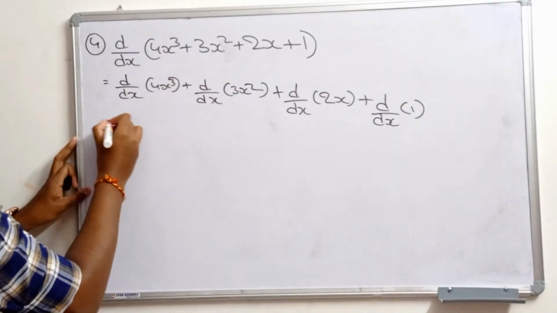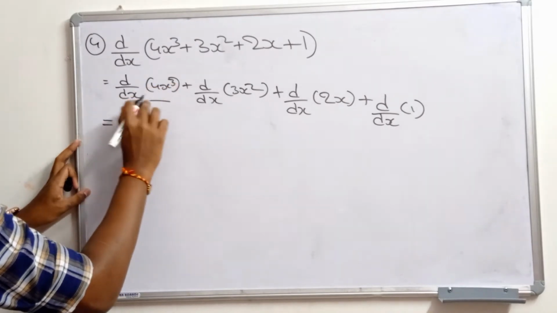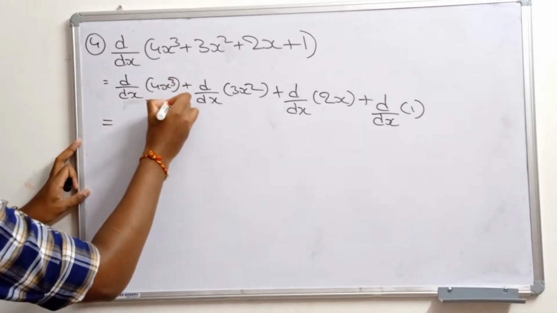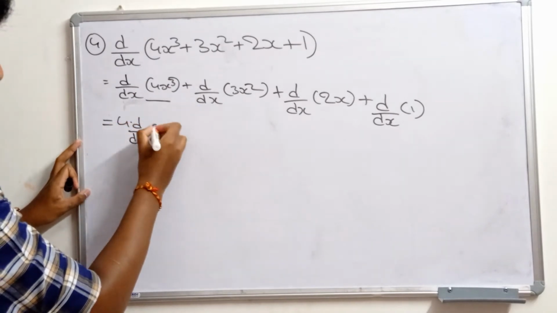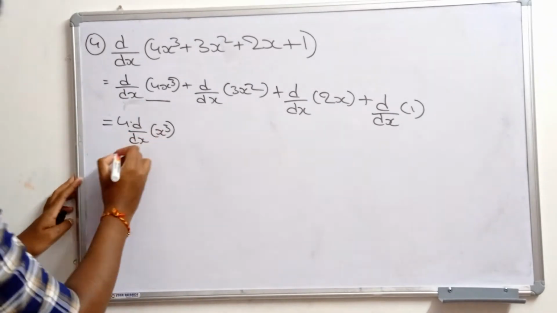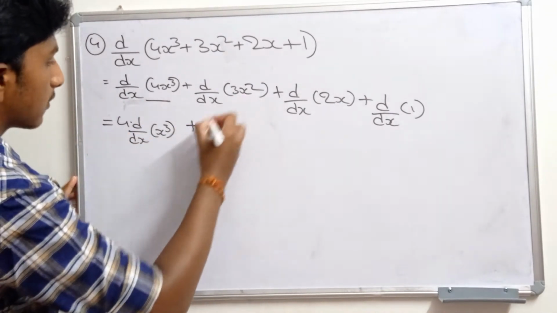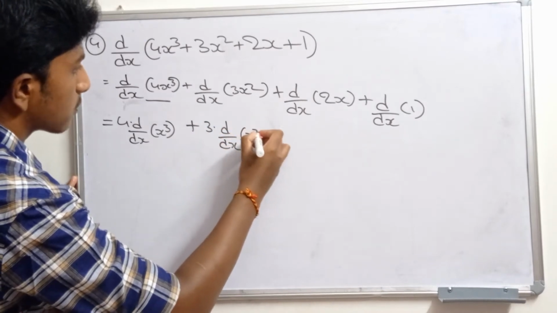When you differentiate each term individually, 4 comes outside, d by dx of x cube. In the same way, 3 comes outside, d by dx of x square.